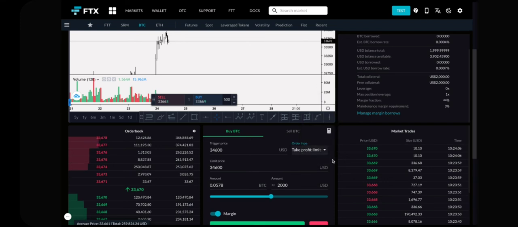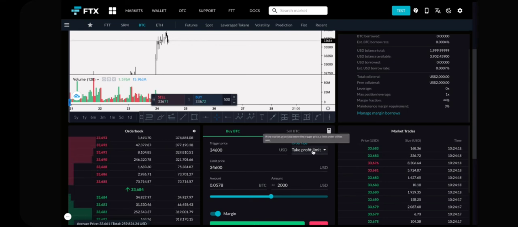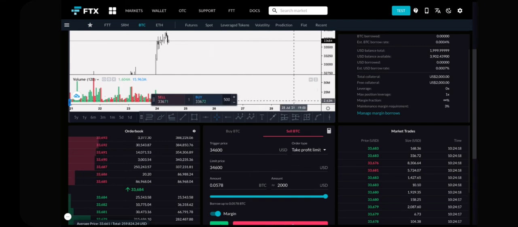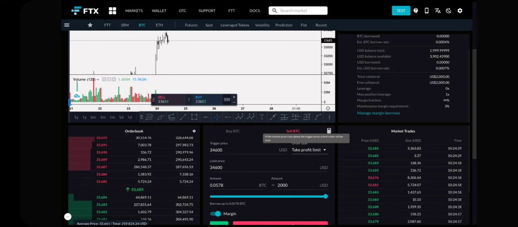And take profit limit is the same as the stop limit that we touched on before, where you want to set an order in the books so that if it triggers a certain price, then it puts a limit order at another price for you to take profit. So if you'd bought Bitcoin and you're trying to sell it, that means you would trigger the price at a certain level and it would then put a sell order above that, so that you could then take profits.